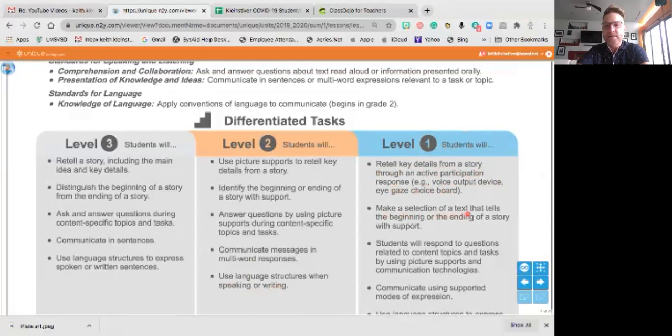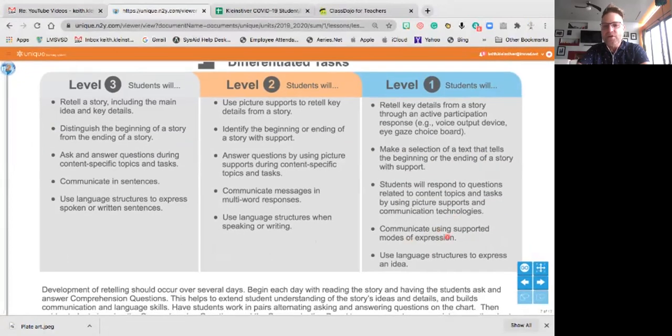Making a selection of a text that tells the beginning or ending of the story with support. Students will respond to questions related to content, topics, and tasks by using picture supports and communication technology. Communication using supported modes of expression. Use language structures to express an idea.